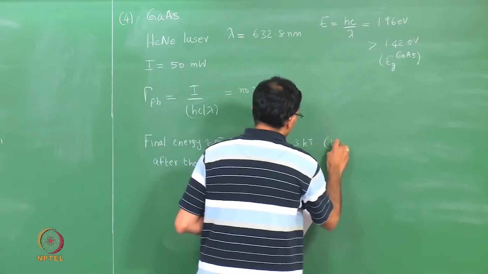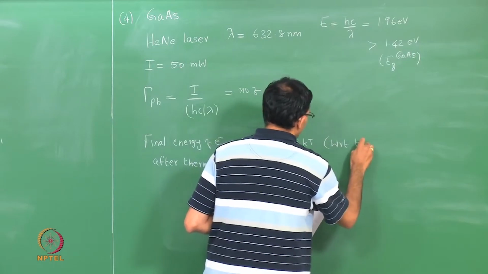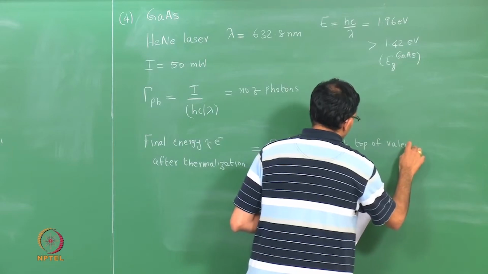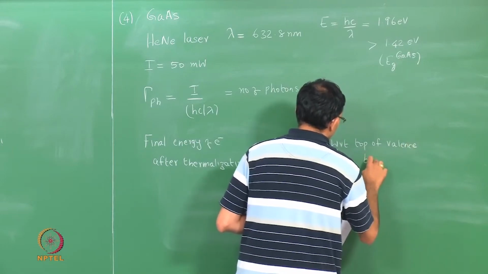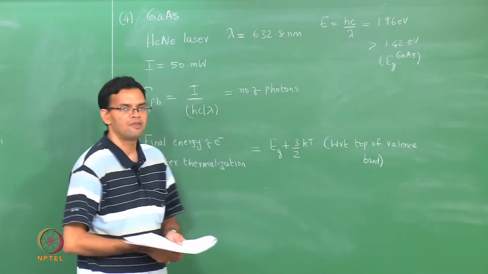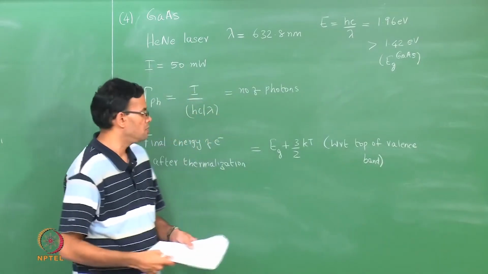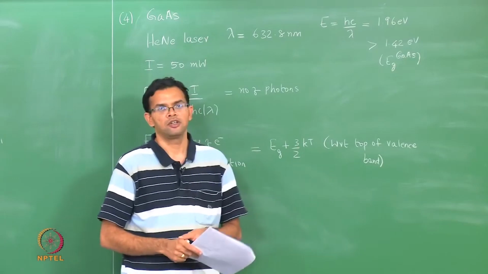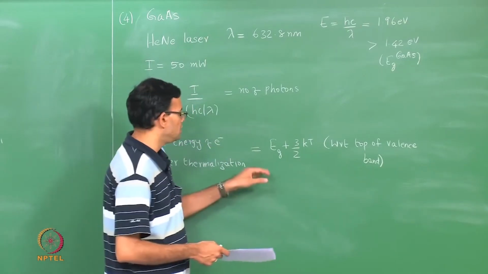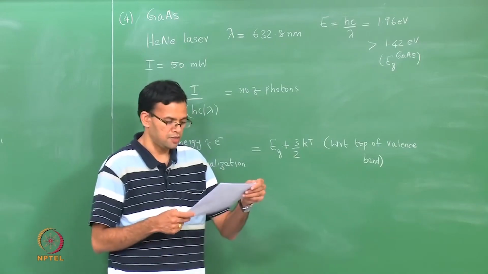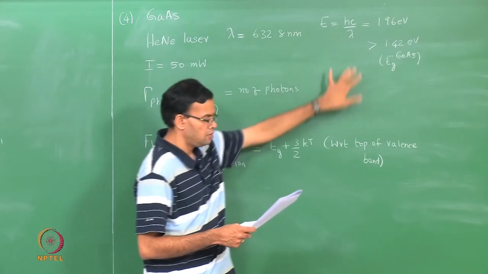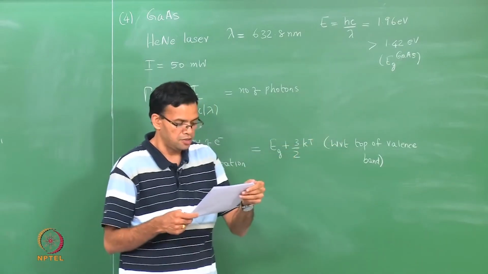This is with respect to the top of the valence band, so that the top of the valence band is taken as 0. So, the energy of the electron after losing the excess energy to the lattice is just Eg plus 3/2 kT. So, this is the initial energy of the electron, this is the final energy.